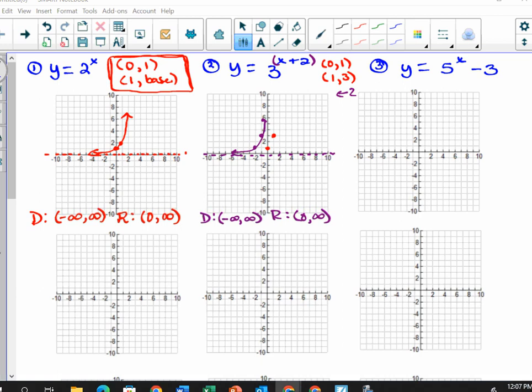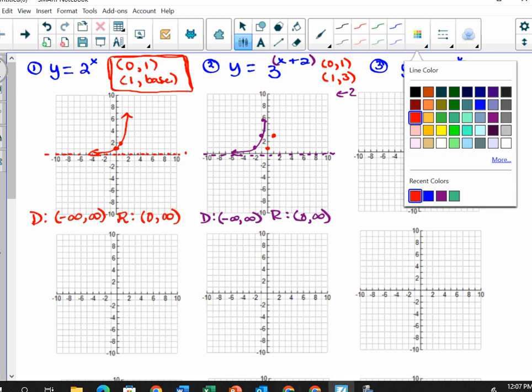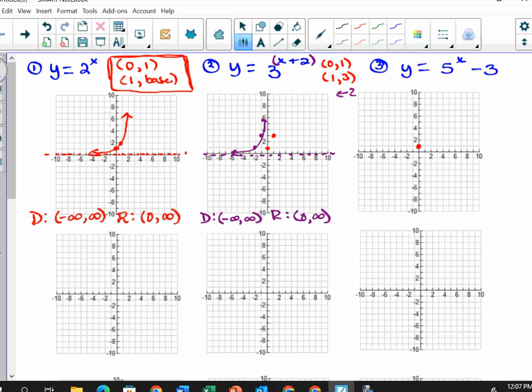Okay, guys, so what 2 points do I start with? Good, 0, 1, and 1, 5. Just putting dots.